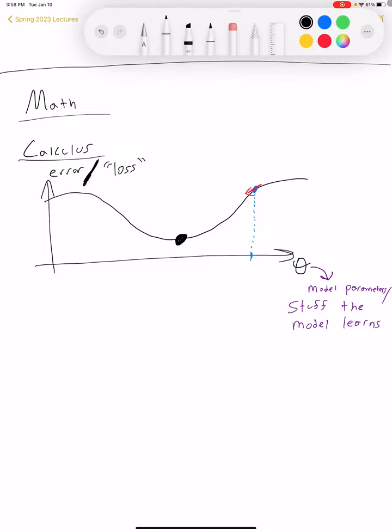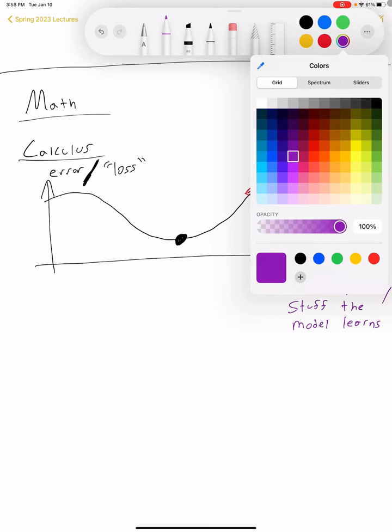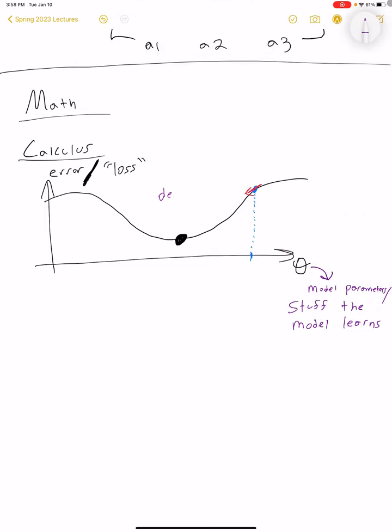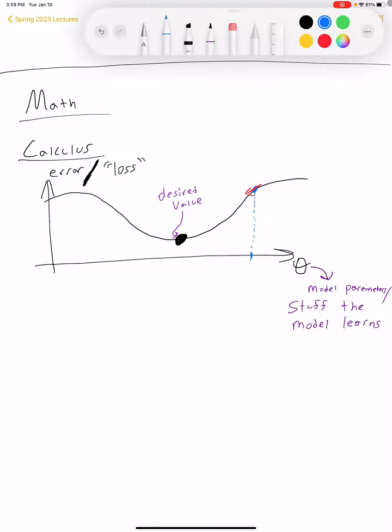So this is the desired value. It's a cool trick because even though we don't know the error landscape, we know which direction to move in, or how to update the model parameters, such that it will move closer towards the optimal parameter set.